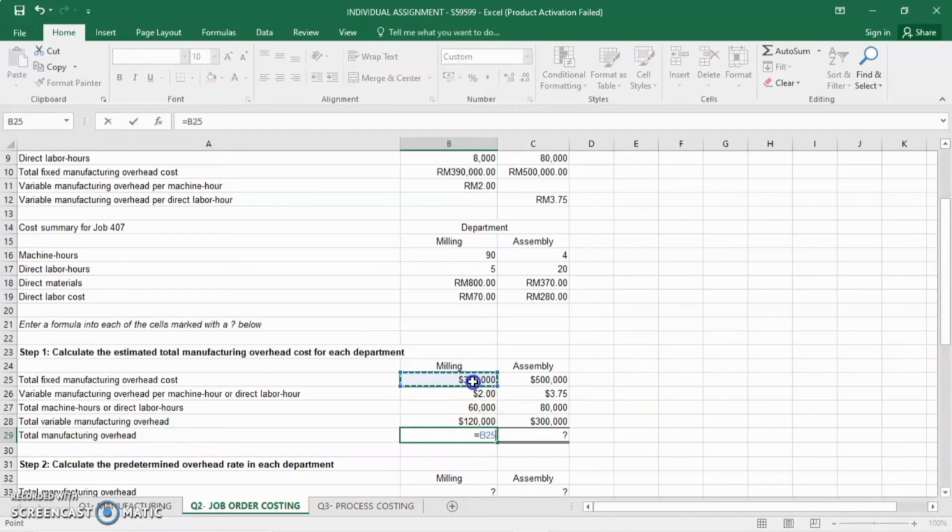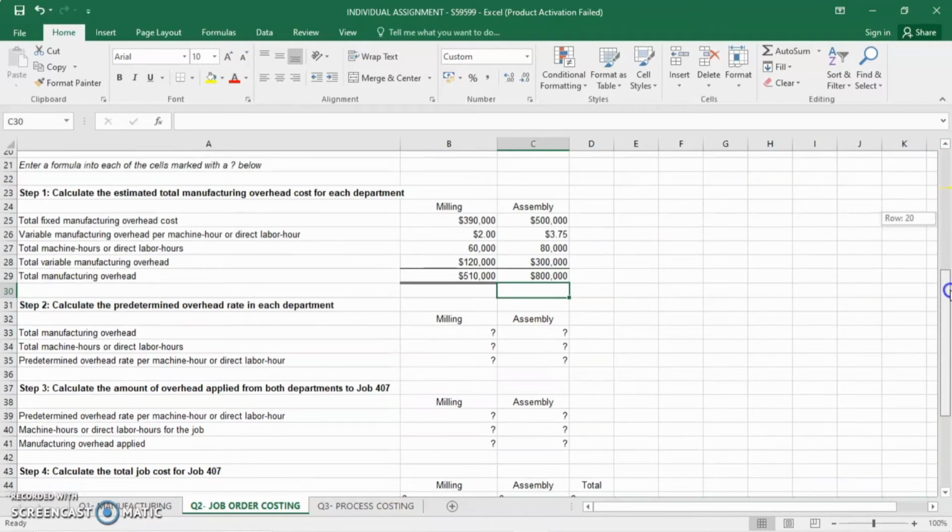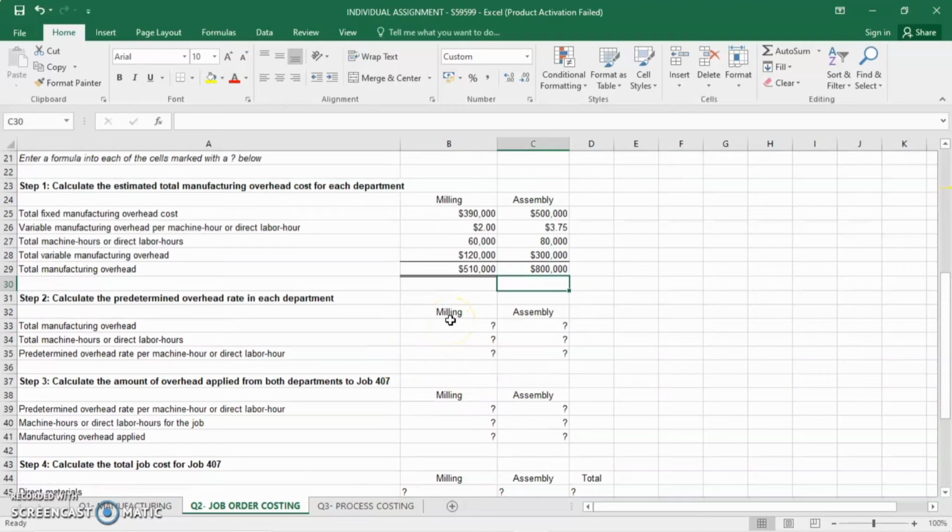Total manufacturing overhead, fixed manufacturing overhead plus variable manufacturing overhead and get 510,000. And for assembly, fixed plus variable and get 800,000.